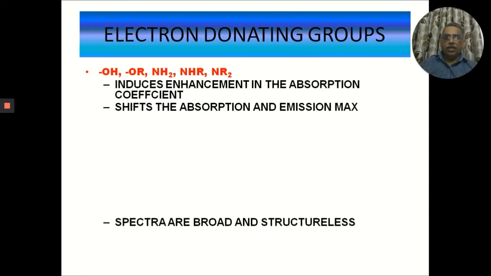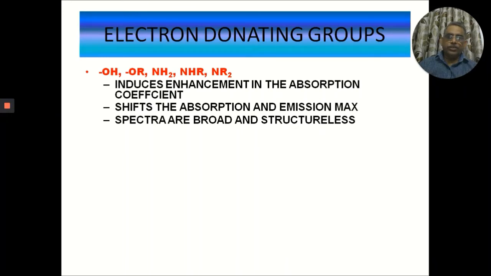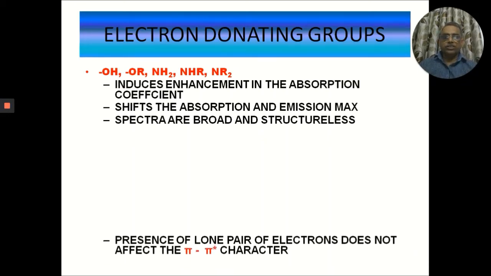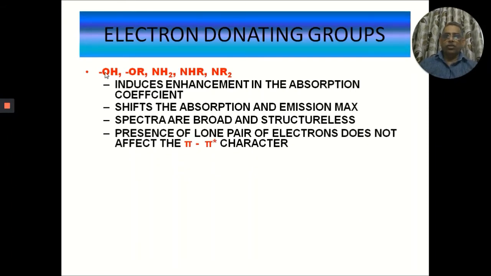And if you carefully observe the absorption and emission spectrum, they are becoming broader and structureless. So when you have more charge density in the molecule, it becomes broader and structureless. And if you are introducing a lone pair of electrons, you see in all these groups, oxygen and nitrogen, they all have a lone pair of electrons, but they do not affect the pi star character of the absorption spectrum.